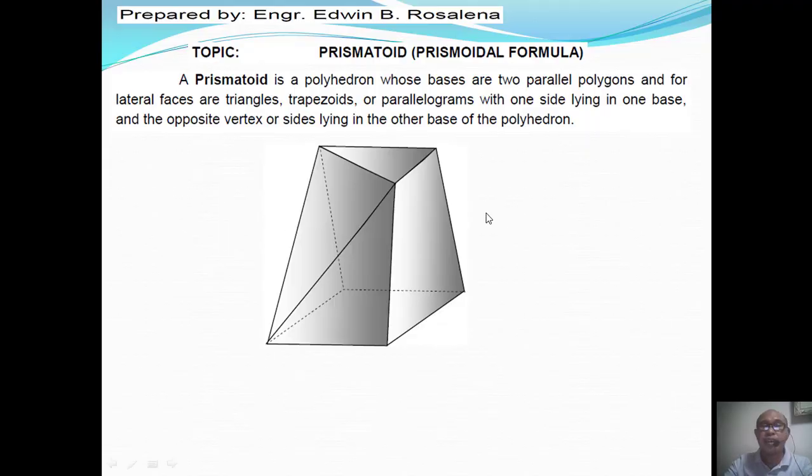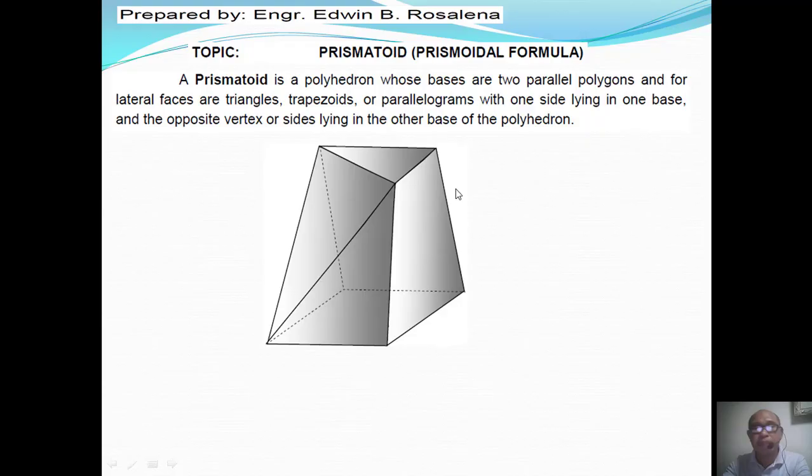As you notice here, the upper base is a triangle, the lower base is a rectangle. And then the other faces, which are called the lateral faces, can be a triangle, trapezoid, parallelogram, or rectangle. Okay? Can you see it?